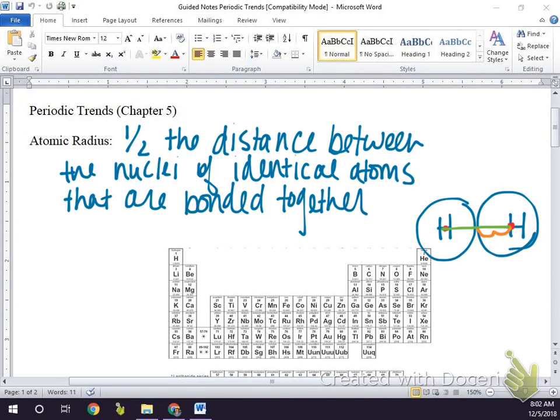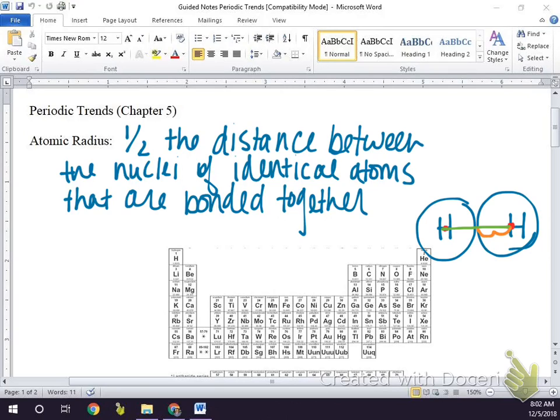The reason we have to write the definition this way is that it's really hard to tell where the defining edge of the atom is, because we know how electrons work now. They sit in atomic orbitals, which means they could be bouncing around all over the place within that orbital. Remember that interactive display we saw where we added our orbitals, then we added our electrons, and they bounced all over the place.